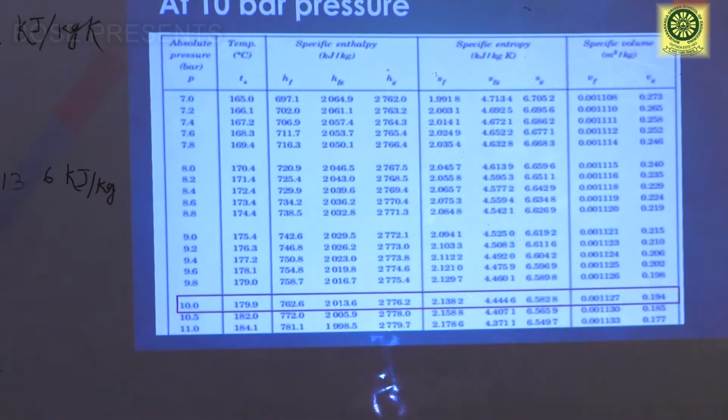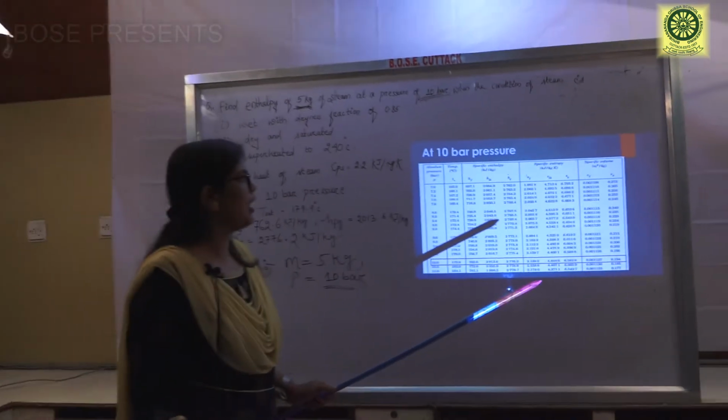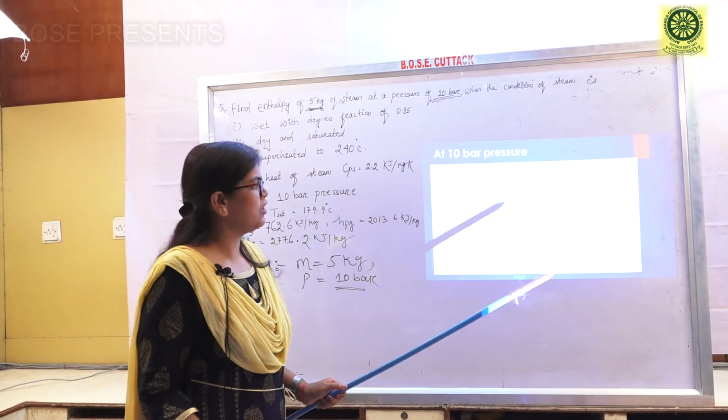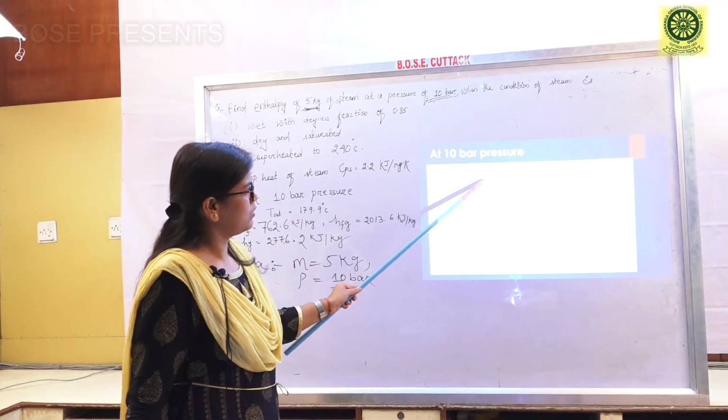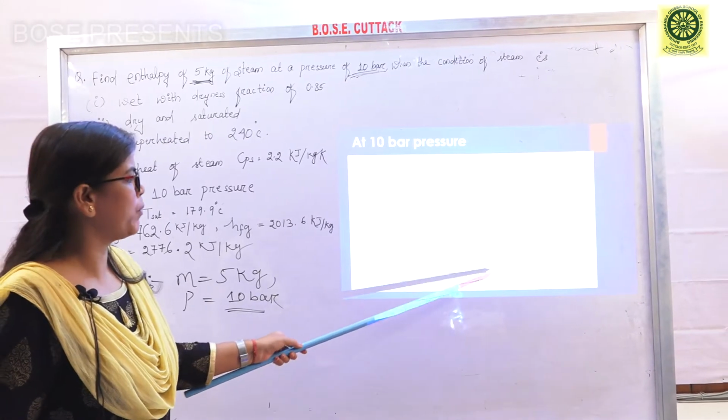Here it is given enthalpy. If your question asks for entropy, volume or internal energy, then like how I have written for specific enthalpy, you can write down for the other properties also.